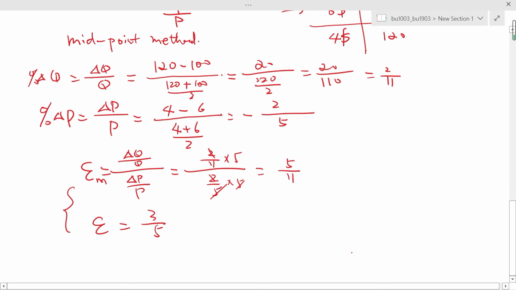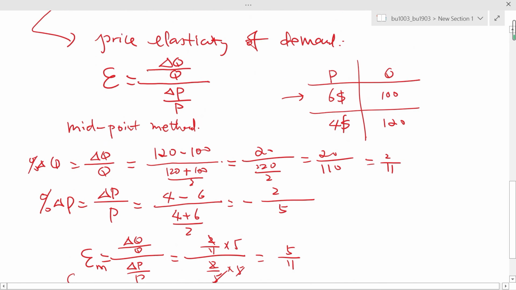So you might be wondering why we bother to use this midpoint method. The reason for using it is that in cases like this, in the discrete cases, it is, loosely speaking, somewhat more accurate.